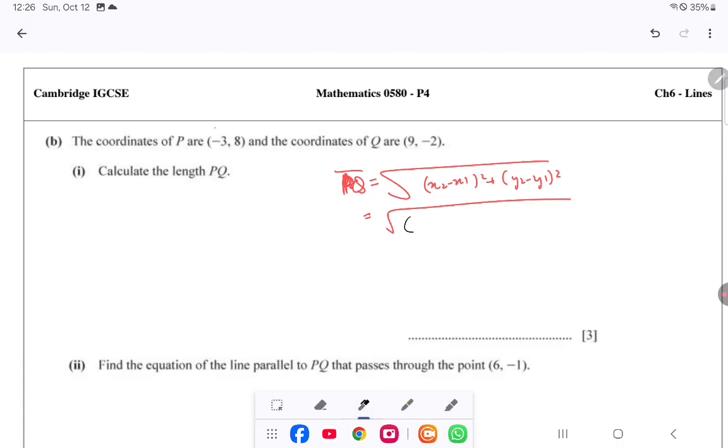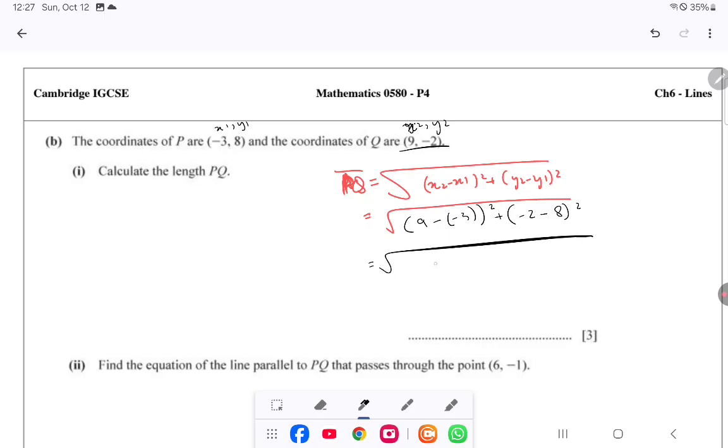X2 is, this is our x1 comma y1, x2 comma y2. We can simply put the value of y2 is 9, x1 is negative of 3, whole square, y2 is negative of 2 and y1 is negative of 8, square. Solve it further.